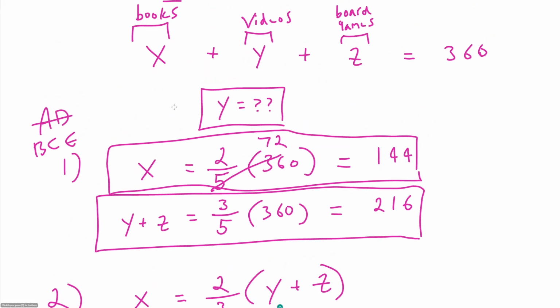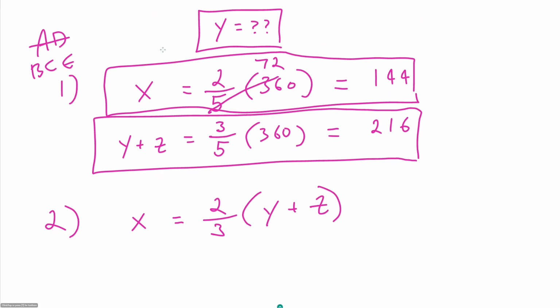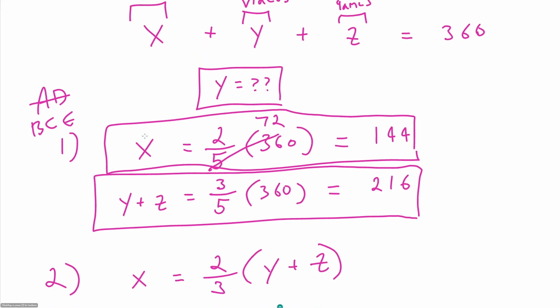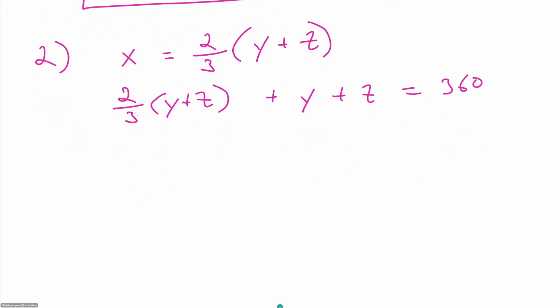So what can we do here? So we can plug this in if we wanted to. So for x, we've got 2/3 (y plus z). That's our x. Then plus y plus z is equal to 360, and this will give us 2/3 y plus 2/3 z here.